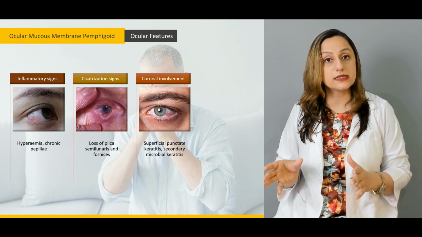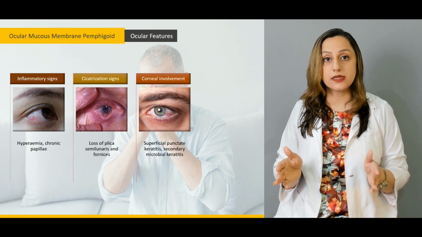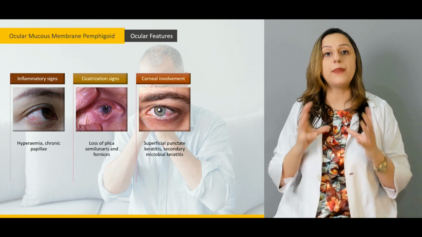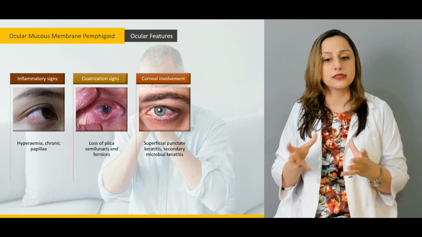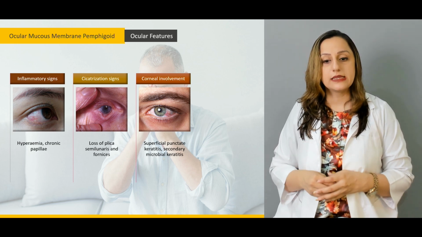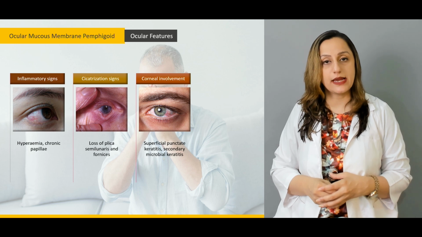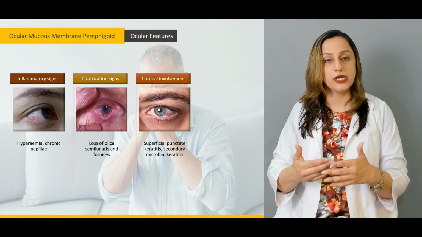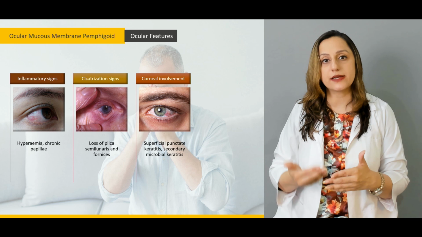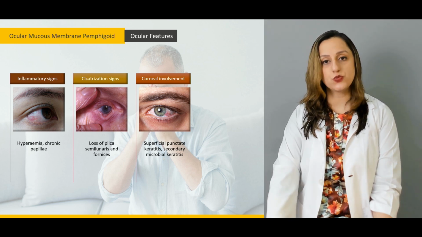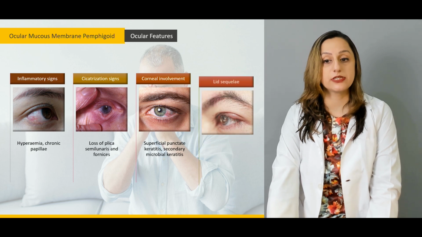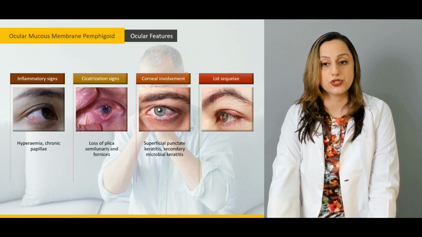So the keratitis would be superficial in its nature, and the ulcer formation would be punctate in its nature. There would be secondary microbial keratitis, which can include superimposed bacterial infections. So these can be the situations that arise in this particular pemphigoid situation.